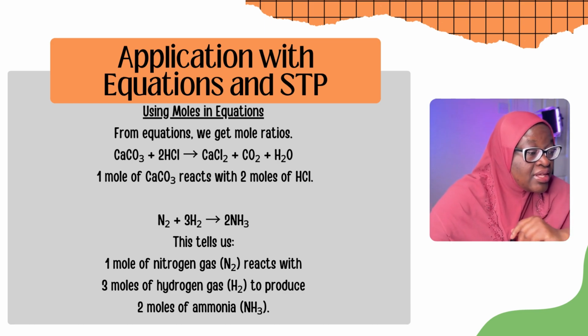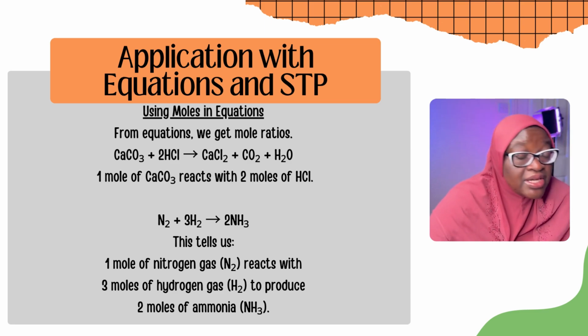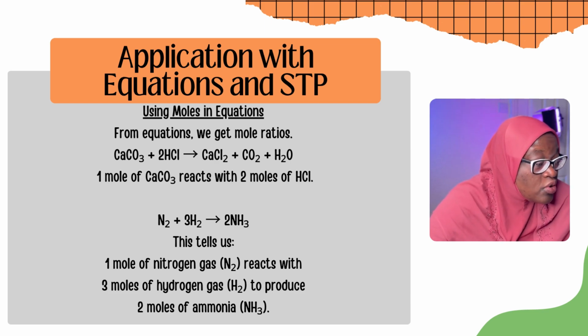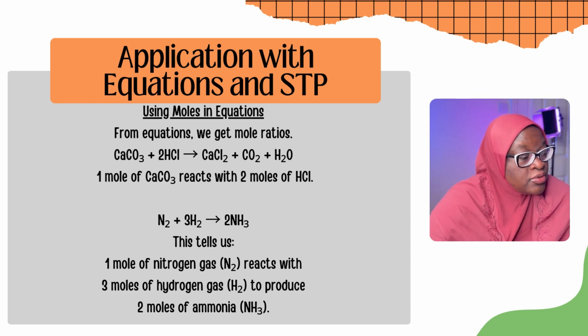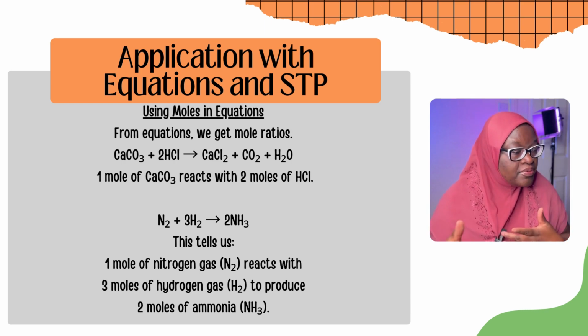And you can see that even though we start with 1 mole of calcium carbonate and 2 moles of hydrochloric acid, we have formed 1 mole of calcium chloride, 1 mole of carbon dioxide, and 1 mole of water. So again, that shows us the mole ratio of the reactant and the product.